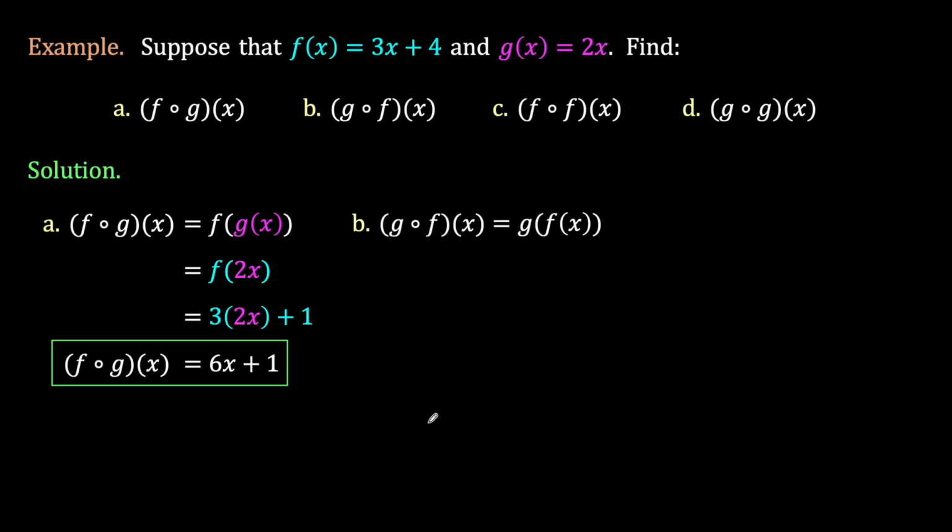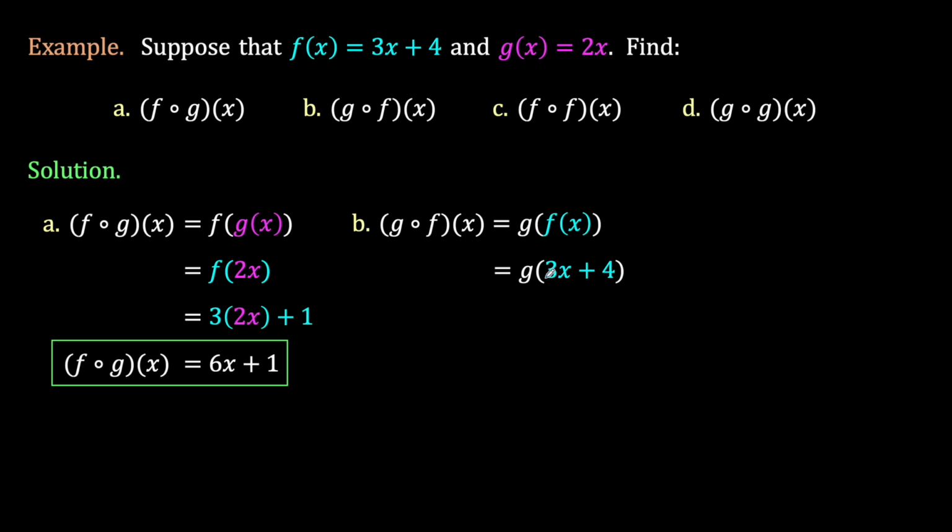For letter B, we have g circle f of x, and from its definition, since g is the first letter on this part, followed by f, we will have g of f of x. f of x is 3x plus 4, so we will substitute 3x plus 4 on this part.